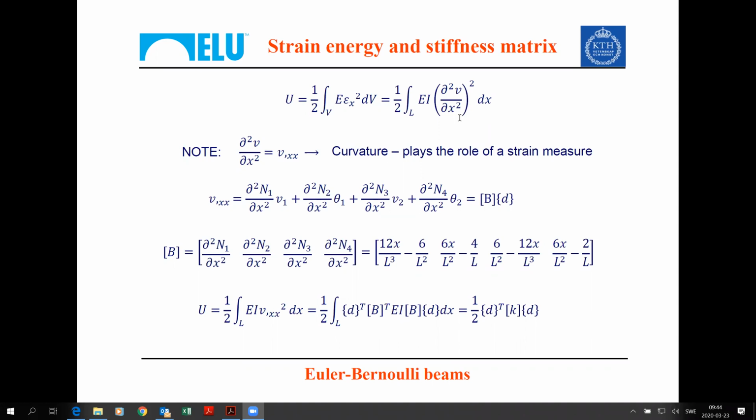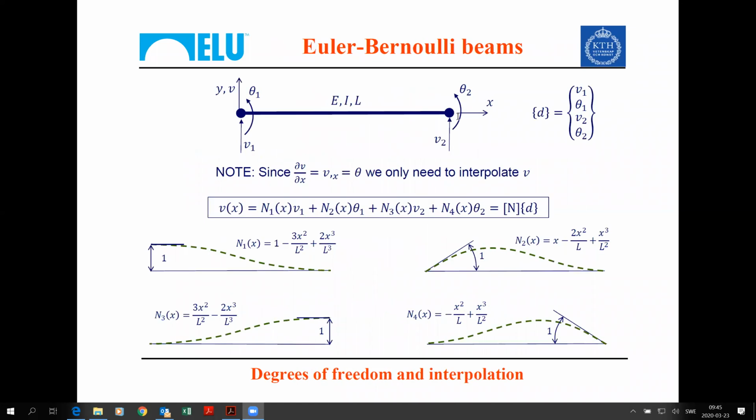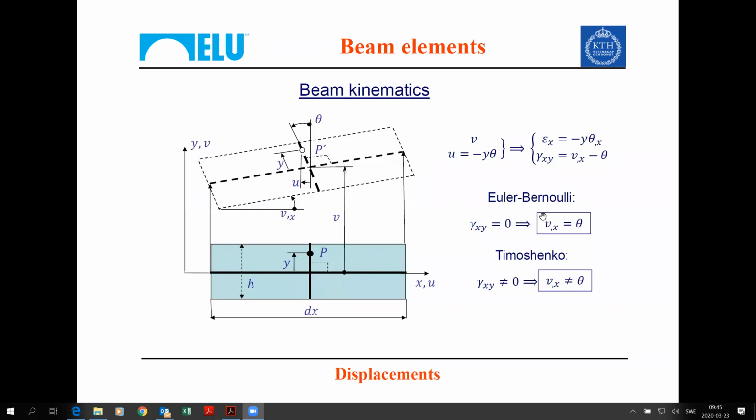In the case of the Euler-Bernoulli beams, the second order derivative comes from the fact that the first derivative of v is equal to theta, by the fact that we have imposed a zero shear strain.